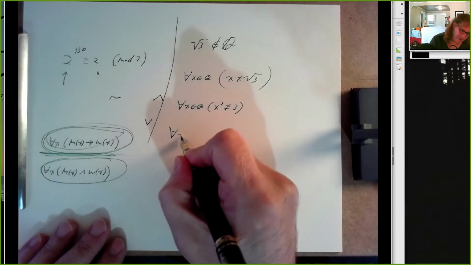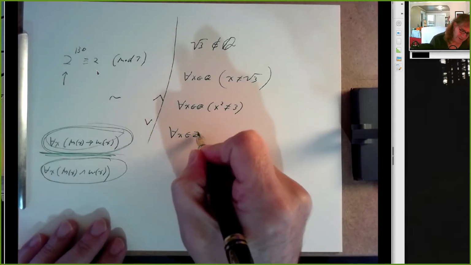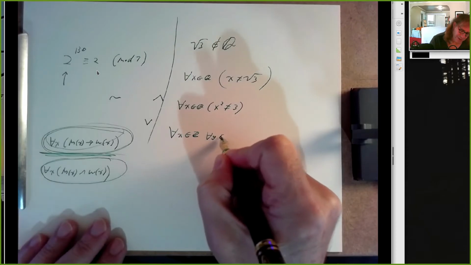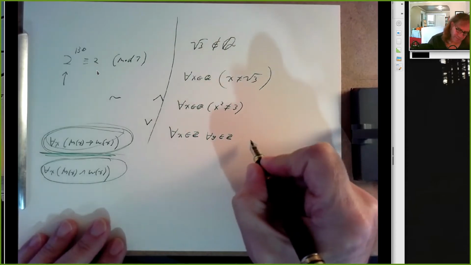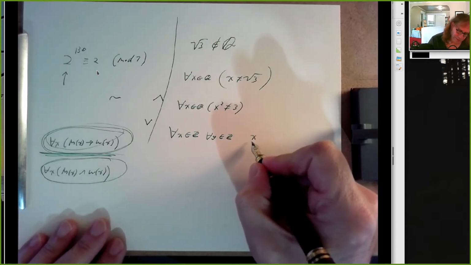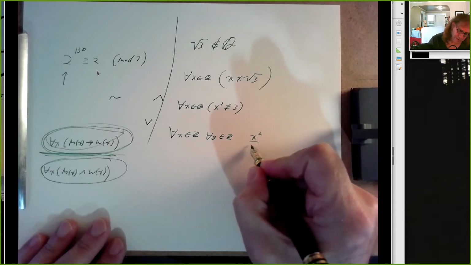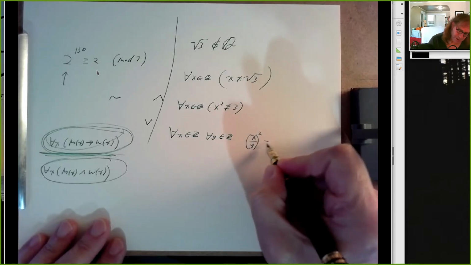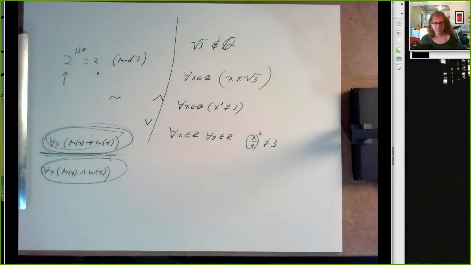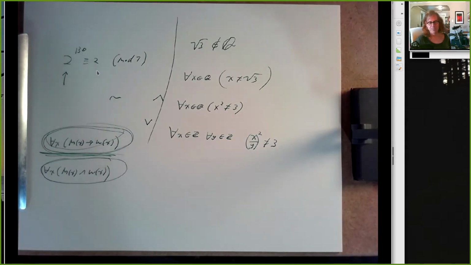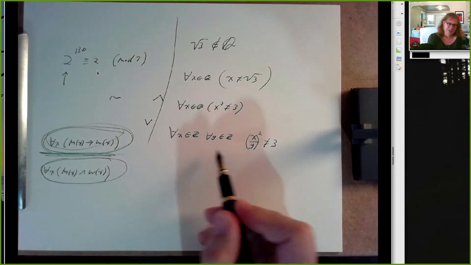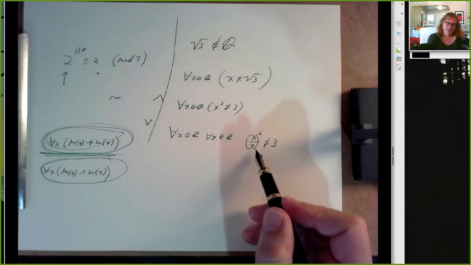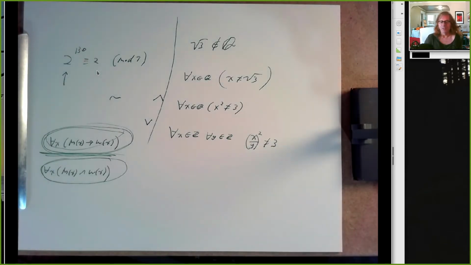So that's fine. If we didn't know about the rationals, or we wanted to just stick with integers, we could say for all x contained in Z, for all y contained in Z, x over y, squared, is not equal to 3. And that's one of the most broken down versions of saying this. For any integer x, for any integer y, if you take x divided by y and square it, you don't end up with 3.